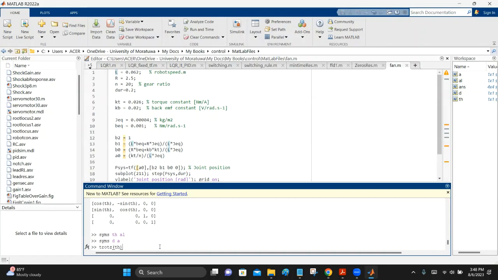theta, times translation by distance d along the z axis, so 0, 0, d, multiplied by, to be on the safe side, another bracket so that these two are operated separately. So there we have translation. Again, you can do the rotation first.